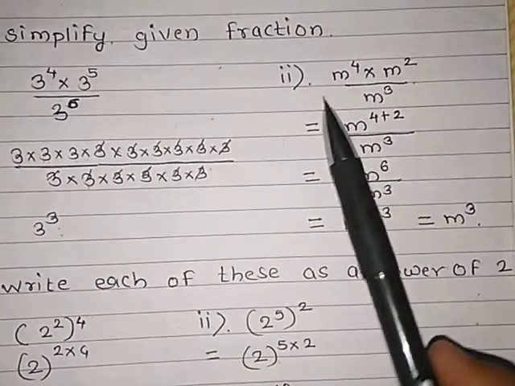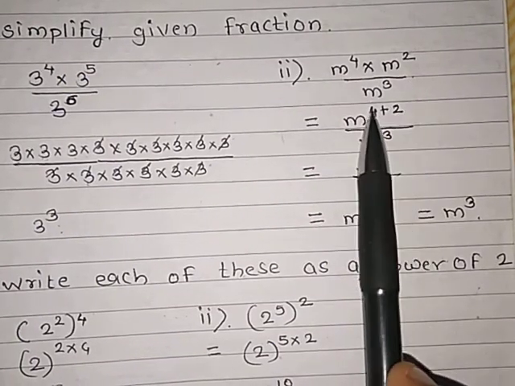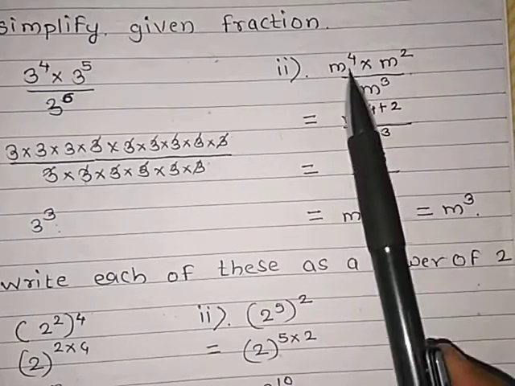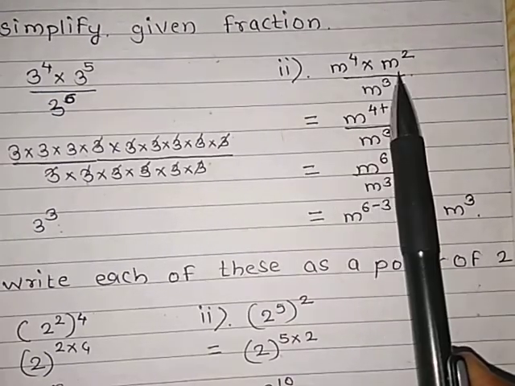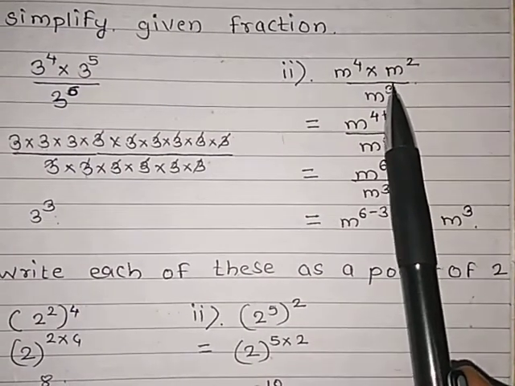Now next one. See here. We have m raised to 4 into m raised to 2 divided by m cube. When there is a multiplication sign between the two terms, we have to add their powers.